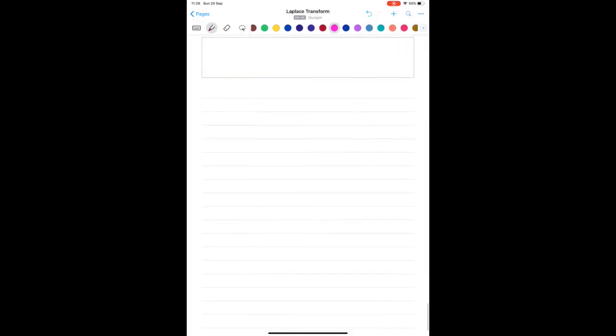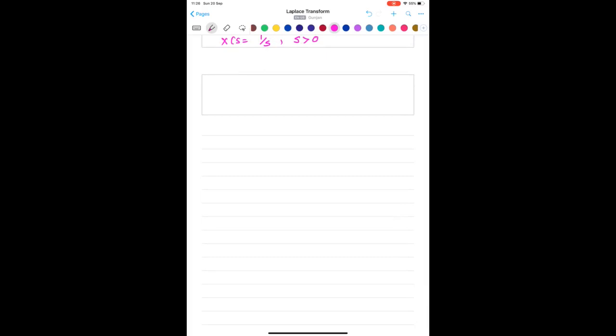So next one is the Laplace transform of the cosine signal. So let's say cos at into u of t.